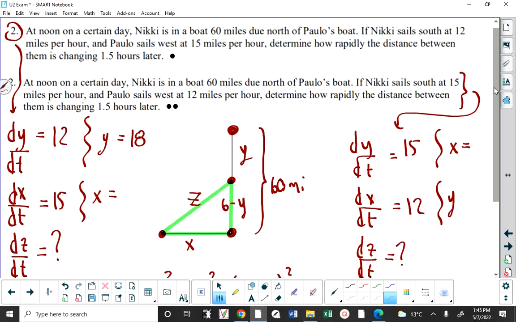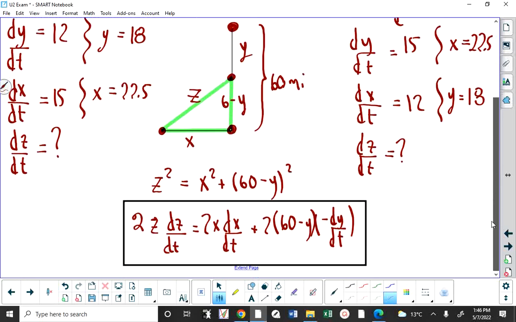And 1.5 hours times 15 gives you 22.5 miles. What's going to be different in the version 2 question is that these numbers will be opposite because I've changed the speed, so x will be 22.5, y will be 18.